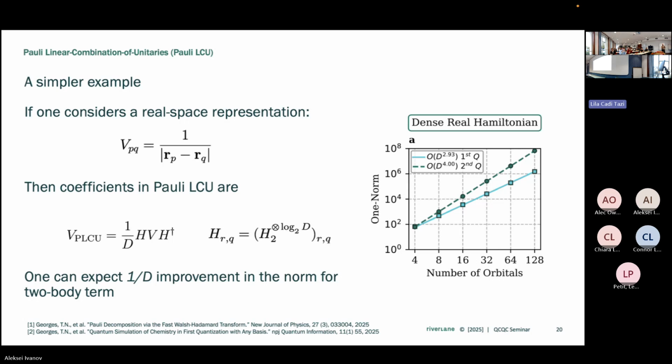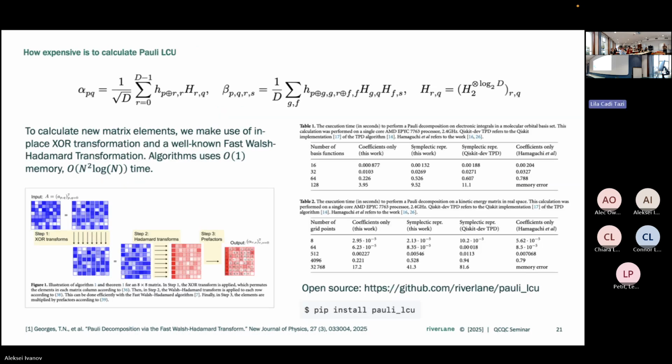And we do see this. For example, if you just generate a real dense Hamiltonian, this is for the two-body term where it's a four-dimensional index, you can see that first quantization here scales as d to the power 3, and second quantization scales as d to the power 4. So you can already see where the speedups might come from. And this is to answer Alex's question.